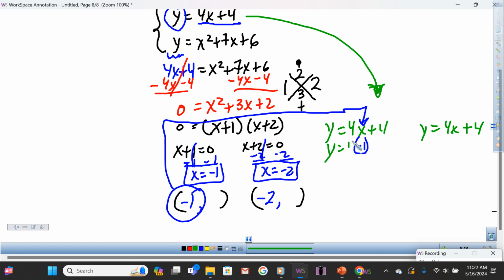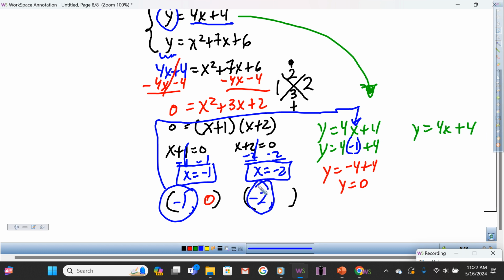Bring everything else down and let's solve. y equals 4 times negative 1, which is negative 4, plus 4. So y equals 0. Do the same for the second value, which is negative 2.